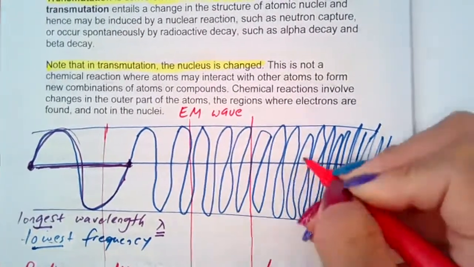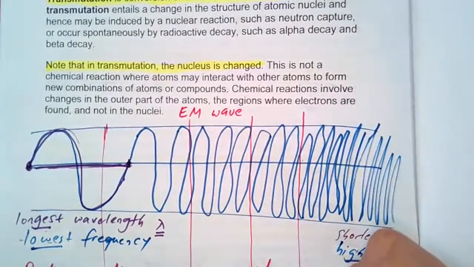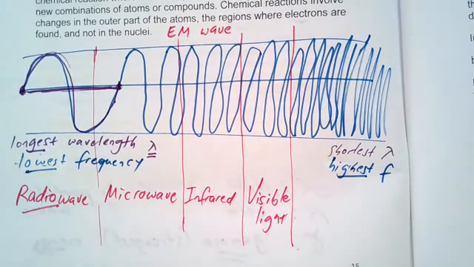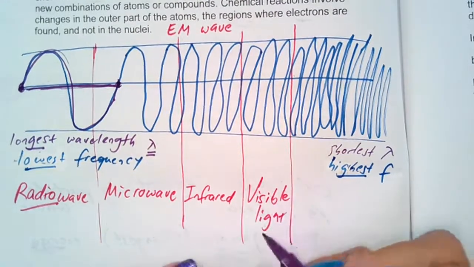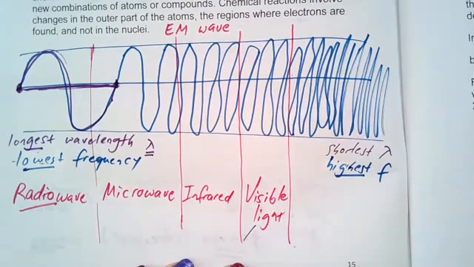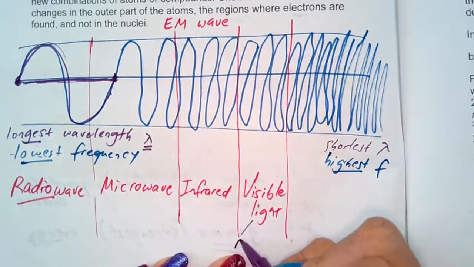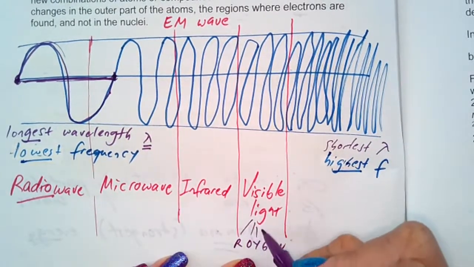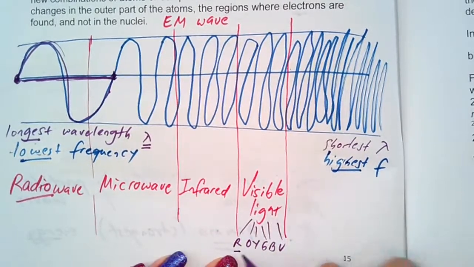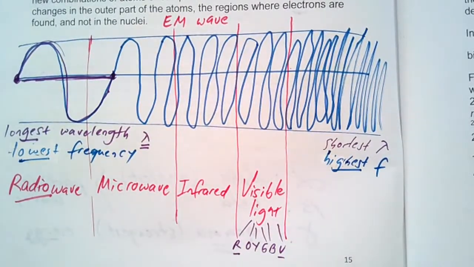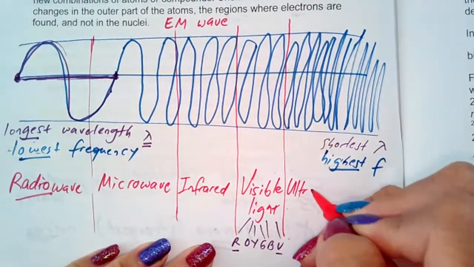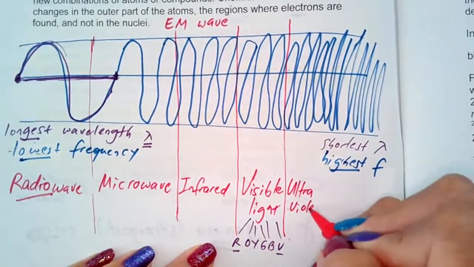And as you can see, the visible light is just a part of the electromagnetic spectrum. Most of it we actually can't see. This visible light spectrum can be broken down into the colors of the rainbow. So you have red, orange, yellow, green, blue, and violet, from low frequency to the highest frequency. Then you have your ultraviolet, UV light.